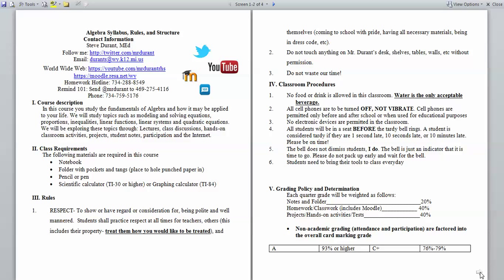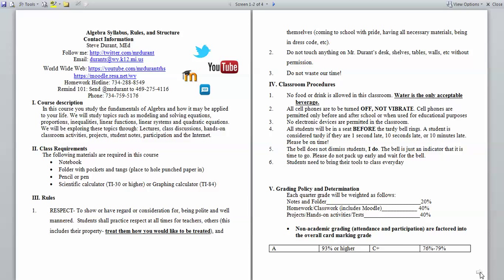Cell phones are permitted before and after school and during passing time, or when used for educational purposes. I tend to use cell phones, iPads, that sort of thing, as an educational tool. So not every day we'll be using them, but you'll be fully aware when you can and cannot use them. No electronic devices are permitted in the classroom. This would be video game systems, DSs, etc.